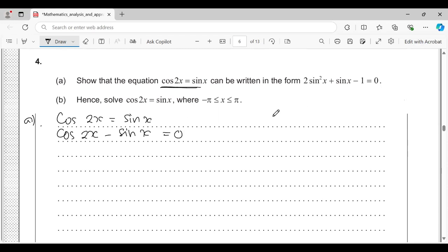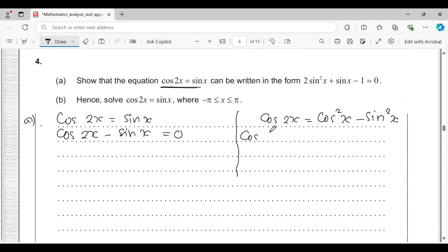As you know, cosine 2x actually equals cosine squared x minus sine squared x. This is a trigonometric identity, right?